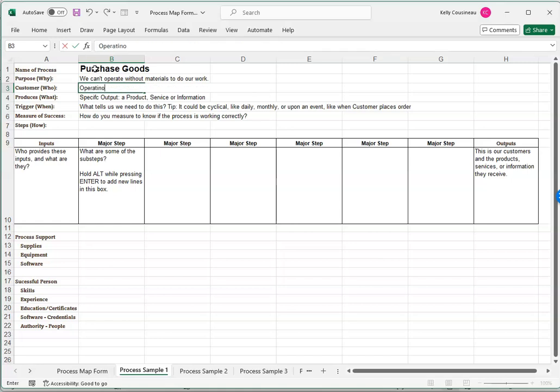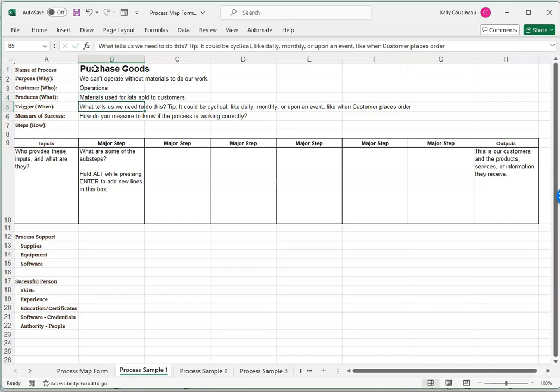And in this case, I'm going to suggest that we're purchasing goods for operations, whether that's manufacturing or some other form of repackaging, whatever it is that you do. And then what exactly is produced for that? And in this case, in my example, I'm going to say materials used for kits sold to customers.